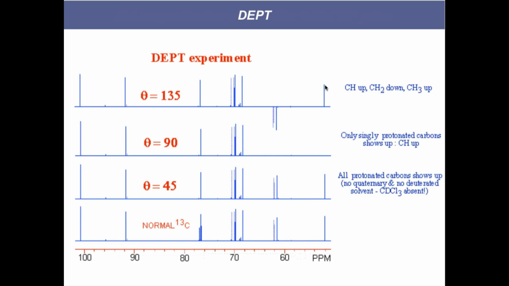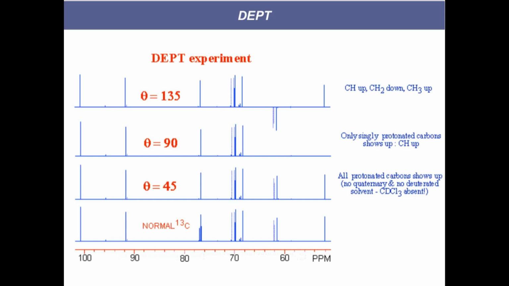This guy here was a CH3 because he shows up magnetized in a 135, but gone from a 90 and present in a 45. So by process of elimination, by taking one spectrum and comparing it to the next, and comparing that spectrum to the next, we can elucidate which types of peaks correspond to our signals on our spectrum.